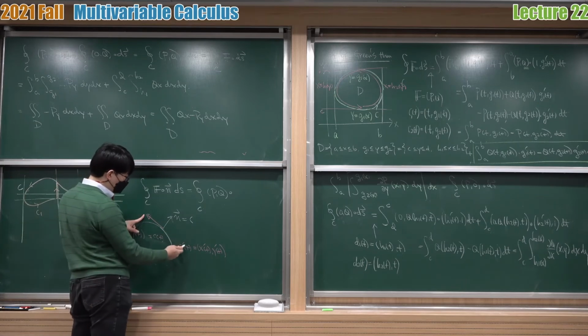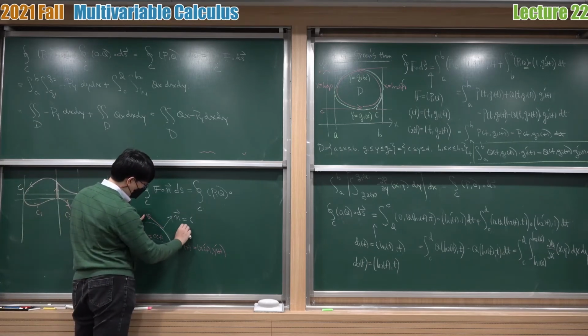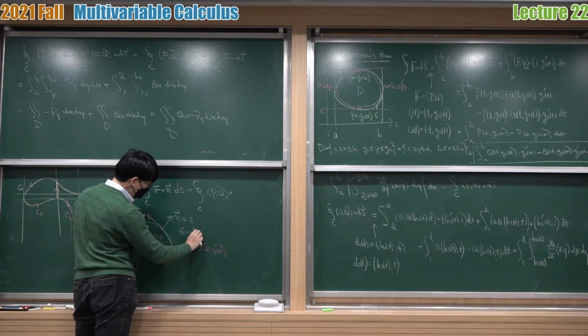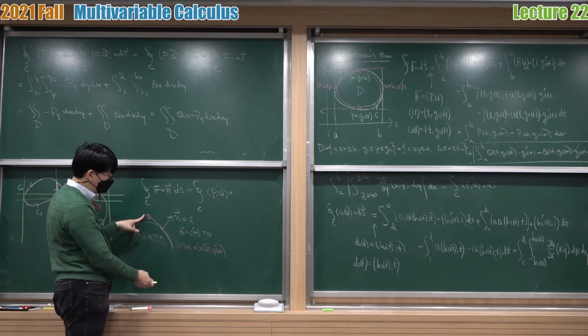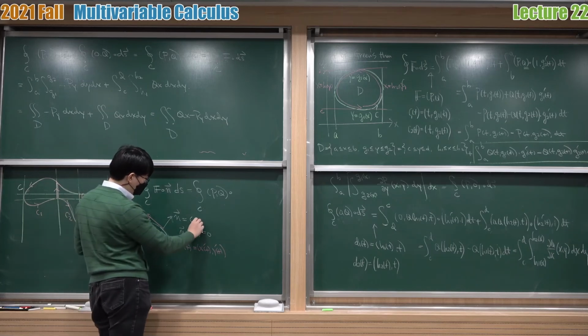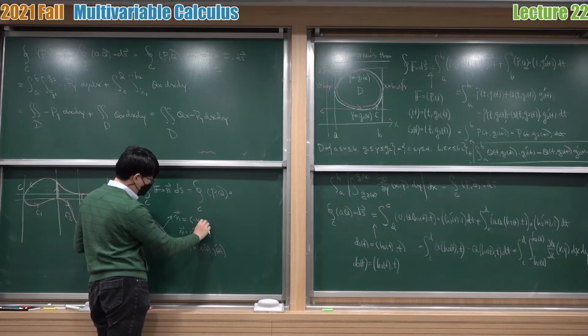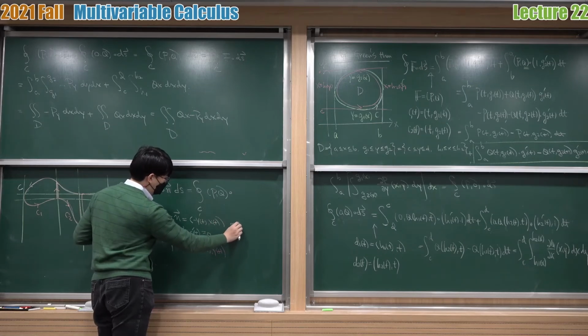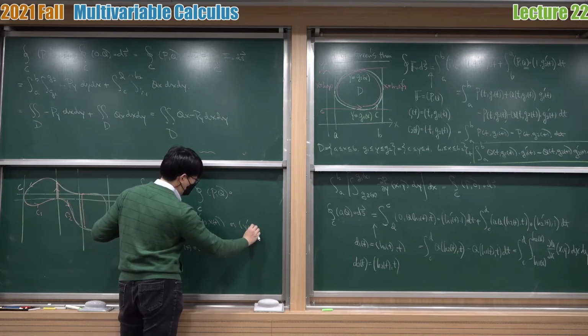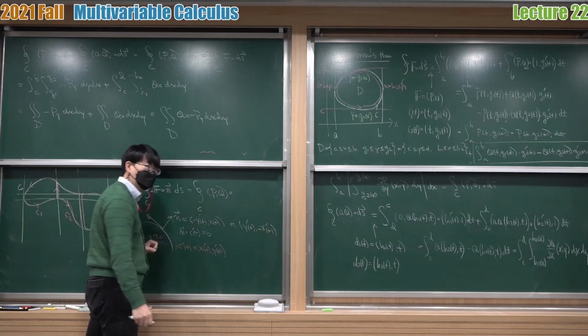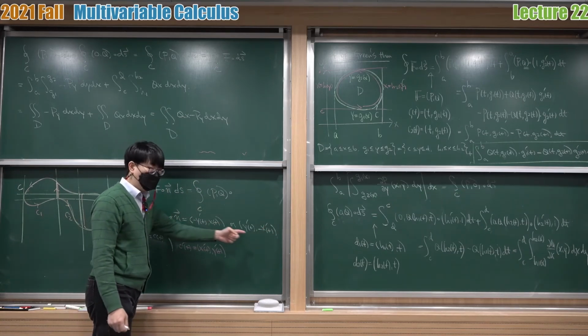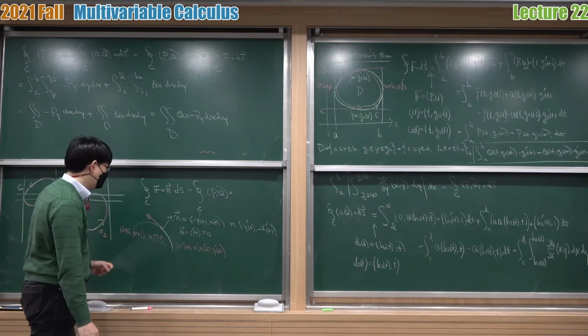Your normal vector should give 0 when you take the inner product with c prime t. So it's either minus y prime t, x prime t, or y prime t, minus x prime t. It's either this or that.